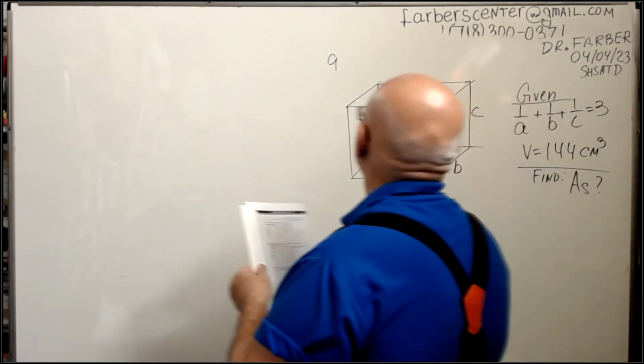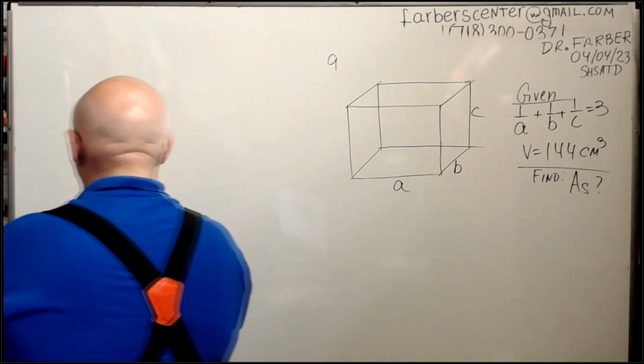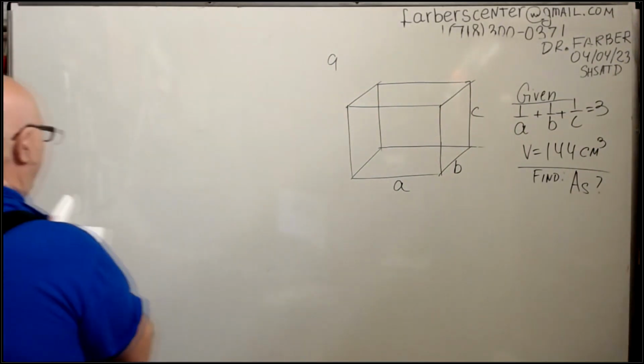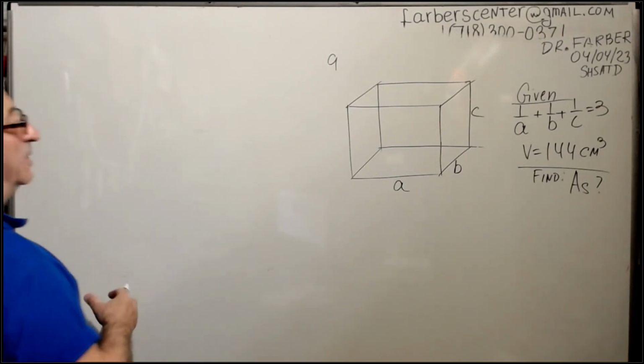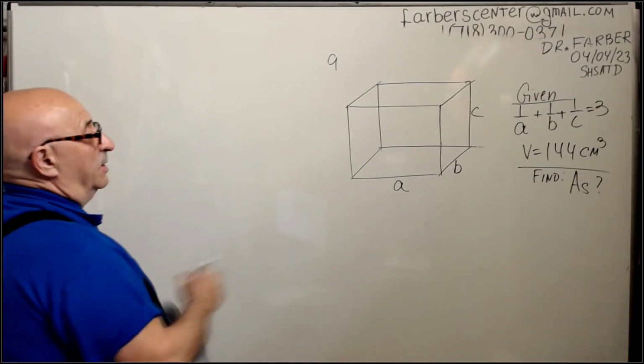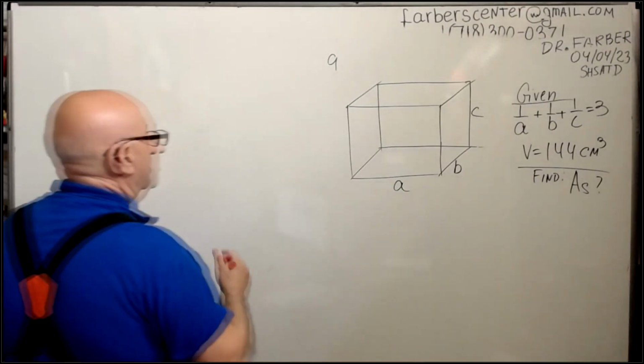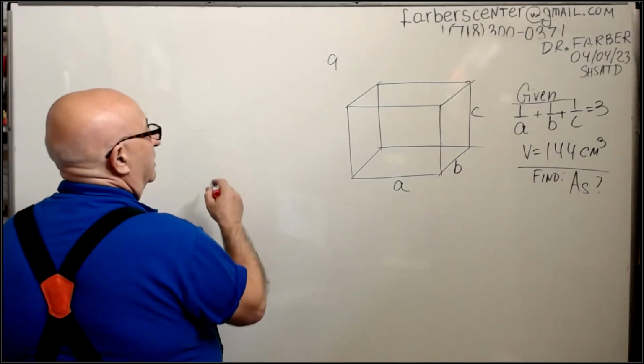Well, what is the ideal situation? If you know dimensions A, B, C, right? You can easily do what? You can easily find surface area. Let me take what is given here. Step number 1.